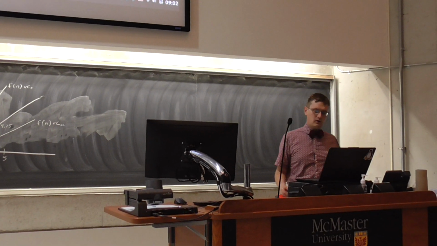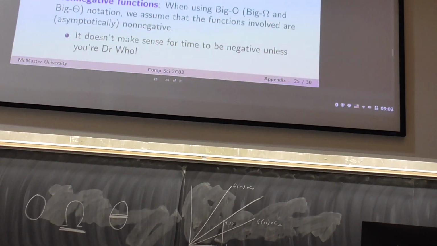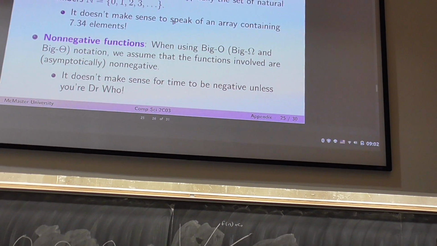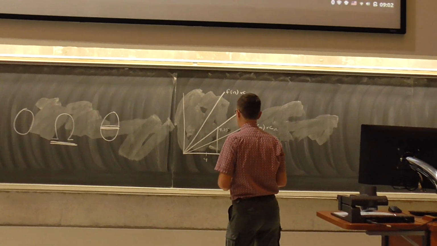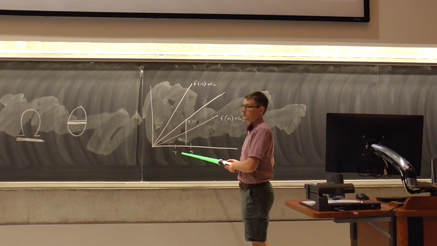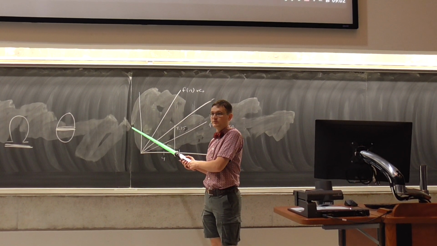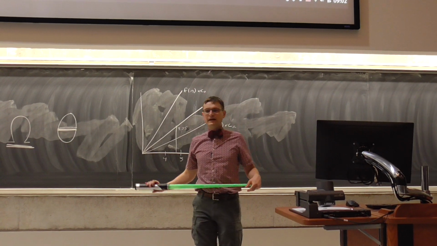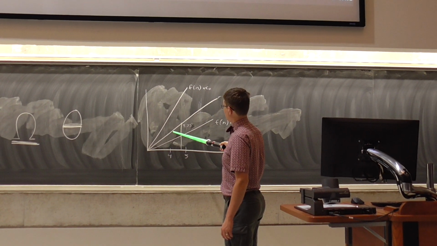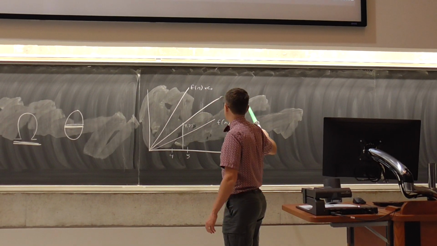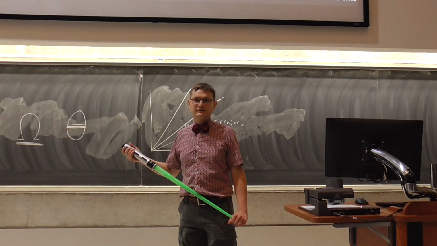Non-negative functions. When we use big O and big theta and big omega, we assume that the functions involved are asymptotically non-negative. So, given that this is number of inputs, and this is either time or memory, but normally time, we've been talking about time so far, does it make sense for this function not only to not be monotonically increasing, but to dip below the x-axis, right?